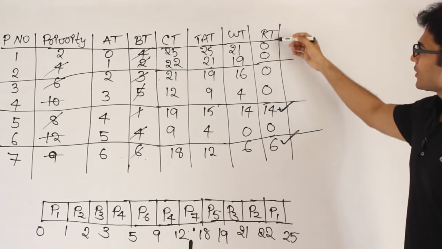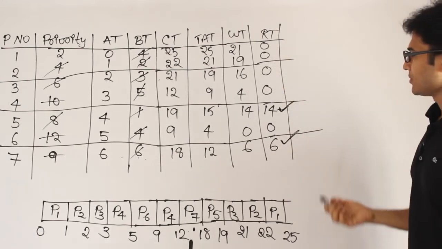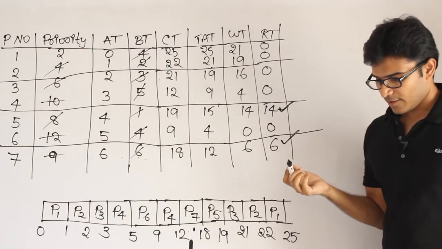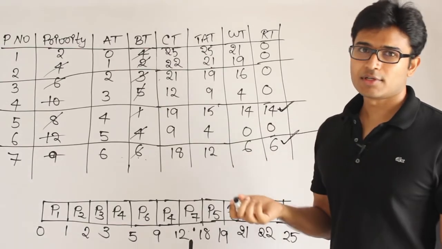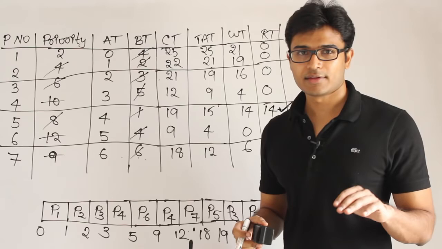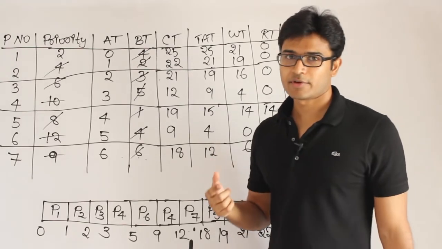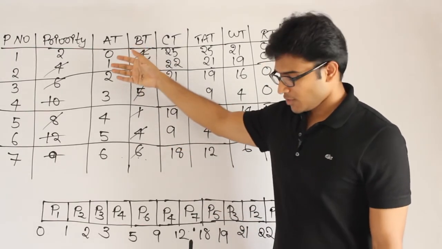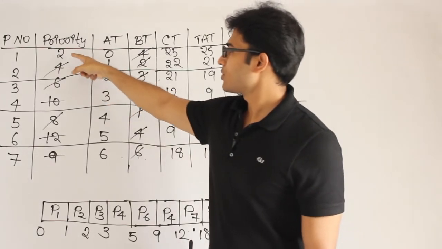And why is the response time of all the remaining processes 0? As and when they are available, they are the highest priority process available till then. That is how we got the processes one by one. If you watch it, we got the processes in increasing order of priority.